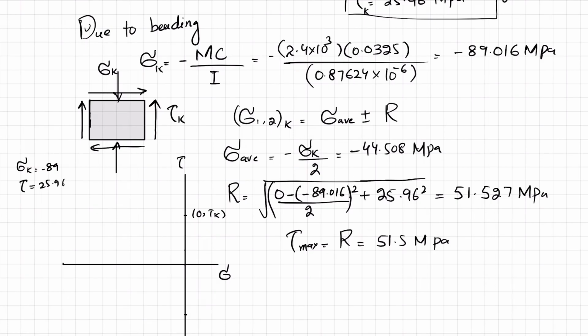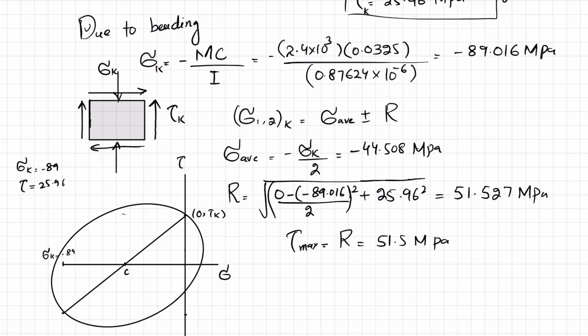Let this be sigma K, minus 89. Let's assume that. So you have to join these 2 points and you will get the center. Keeping this point C as center, you have to draw the circle. I am going to draw it roughly. This is not a complete circle.